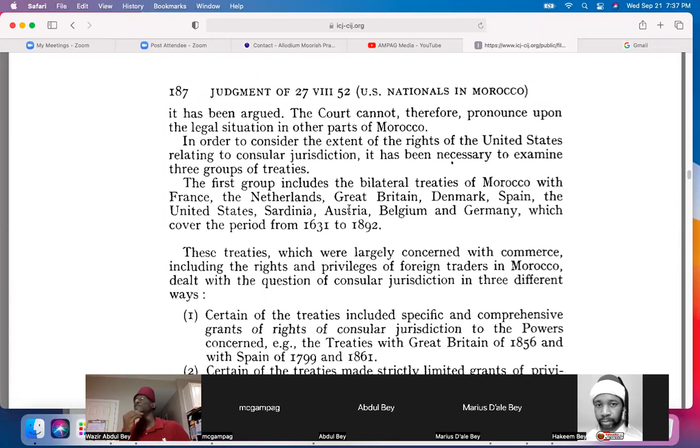What's the word I'm looking for? What was the appearance, for lack of a better term, the racial prima facie of the people in the 1600s of France, the Netherlands, Great Britain, Denmark, Spain, the United States, Sardinia, Austria, Belgium, Germany?